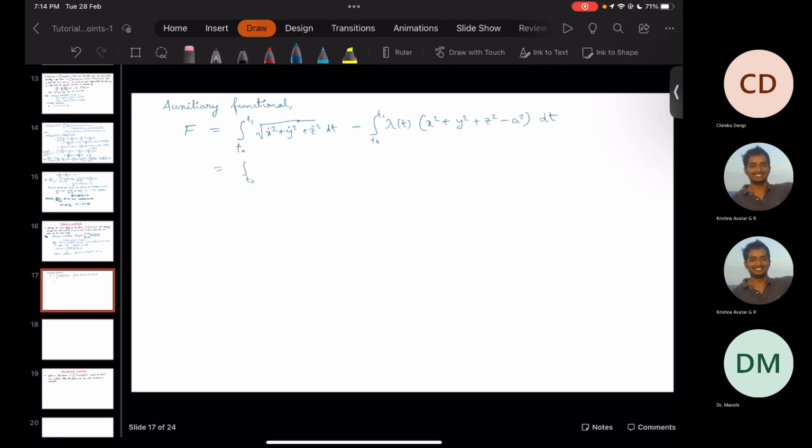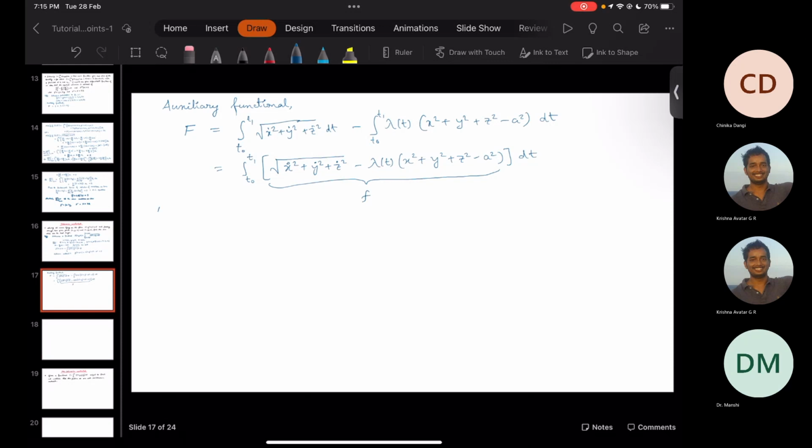In a single integral we can write this as the integral of the square root of x dot squared plus y dot squared plus z dot squared minus lambda times g, in terms of dt. Fine. Okay. So let's call the integrand f.